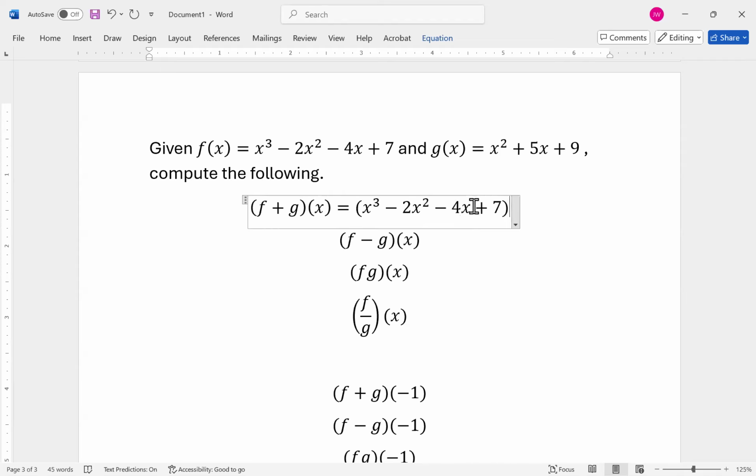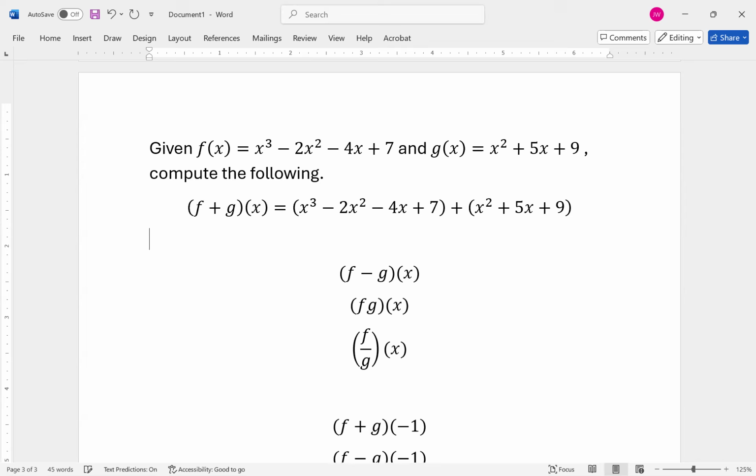And then we'd add x squared plus 5x plus 9. I'm going to combine like terms when I do this.